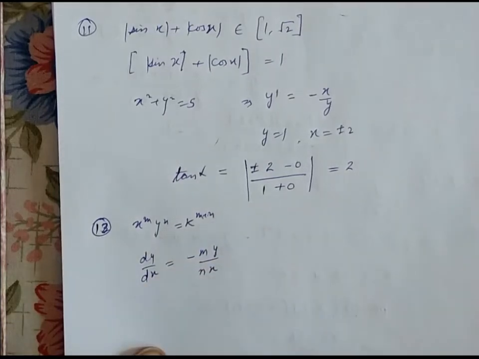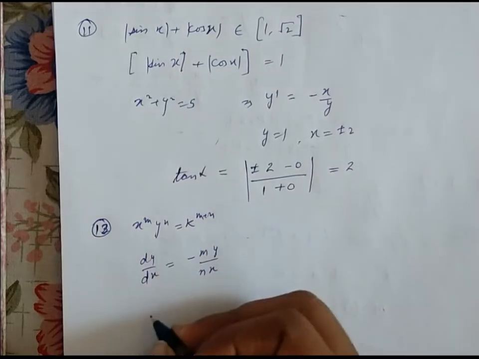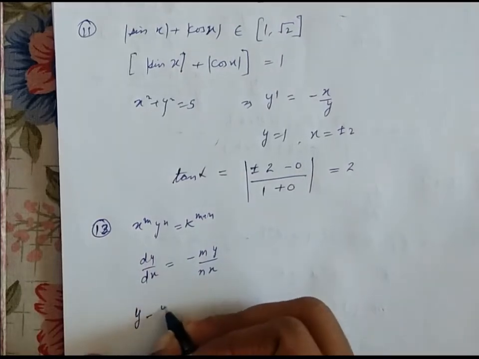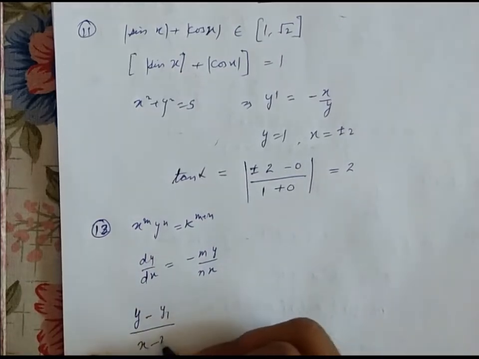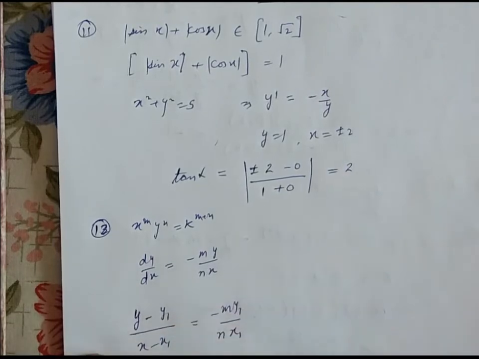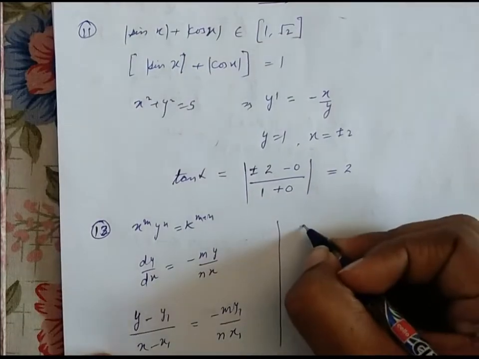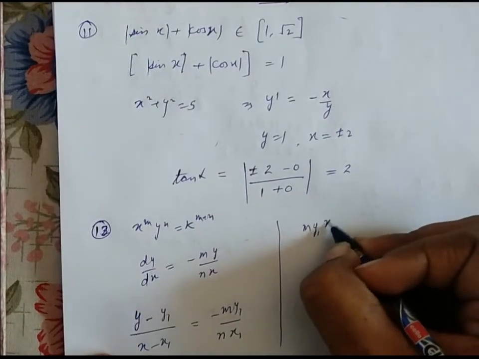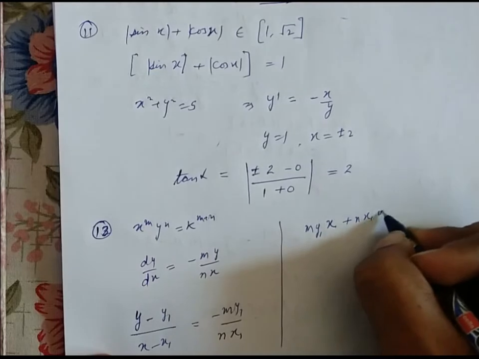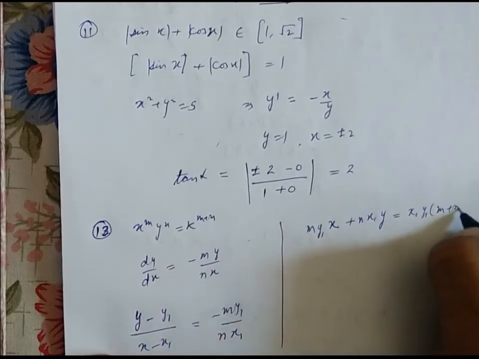Using this, the equation of tangent would be y minus y1 upon x minus x1 is equal to minus my1 upon nx1. Okay, simplifying this we get my1x plus nx1y is equal to x1y1 (m plus n).